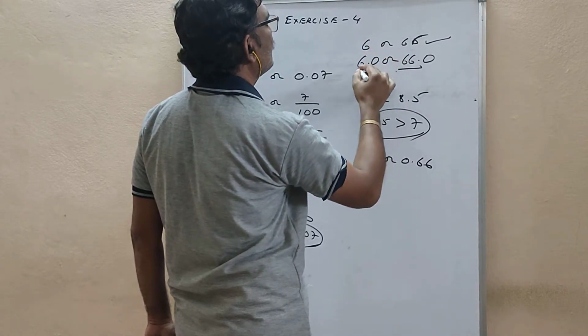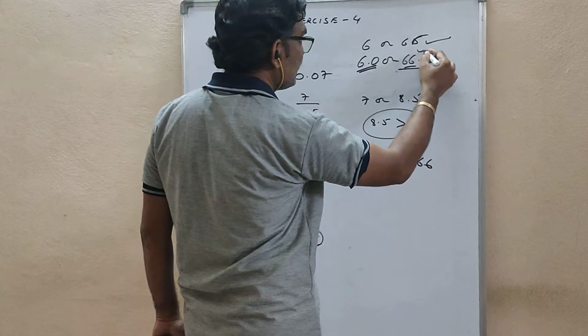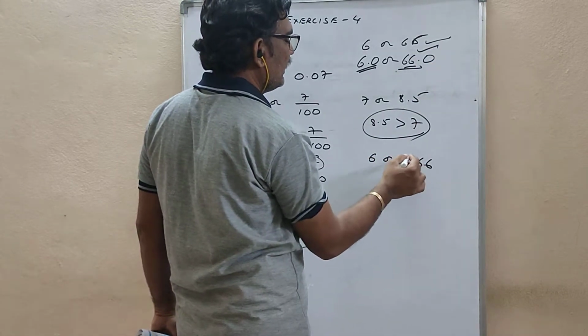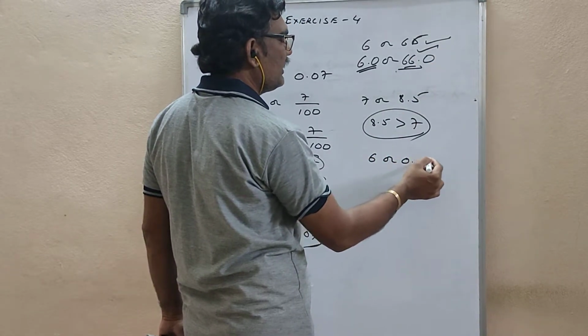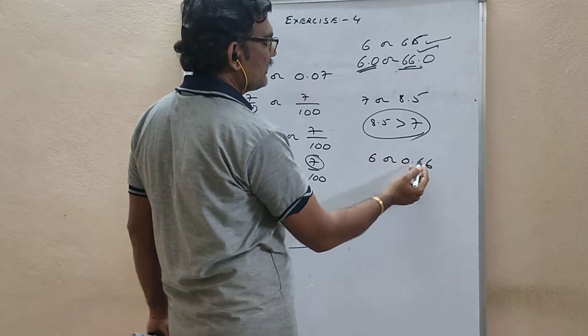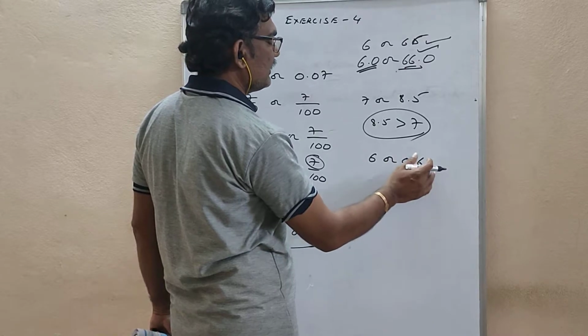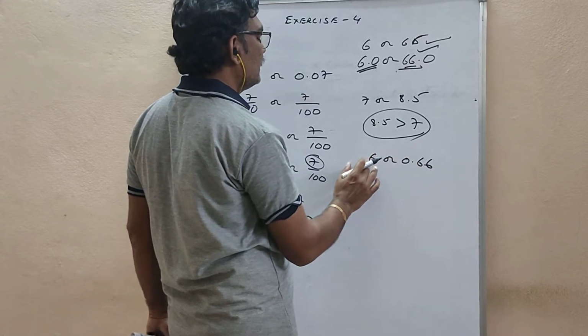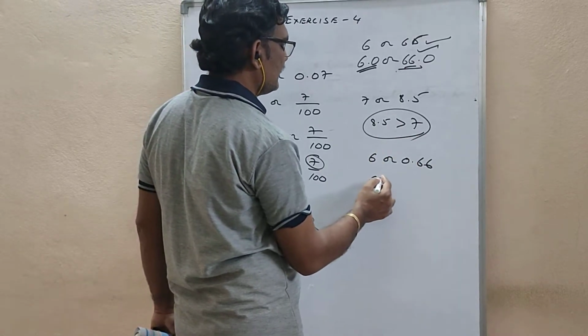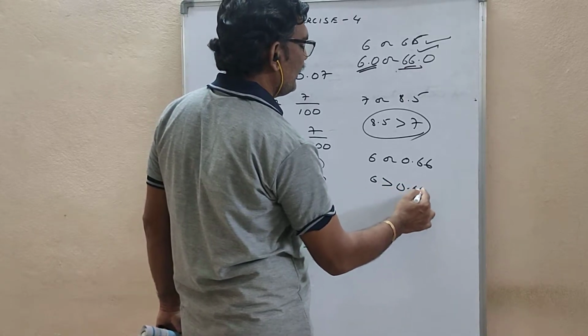So 6 and 66, 66 is greater. But here it is not 66. It is 0.66. 0.66 is less than 1, but 6 is greater than 1. So 6 is greater than 0.66.